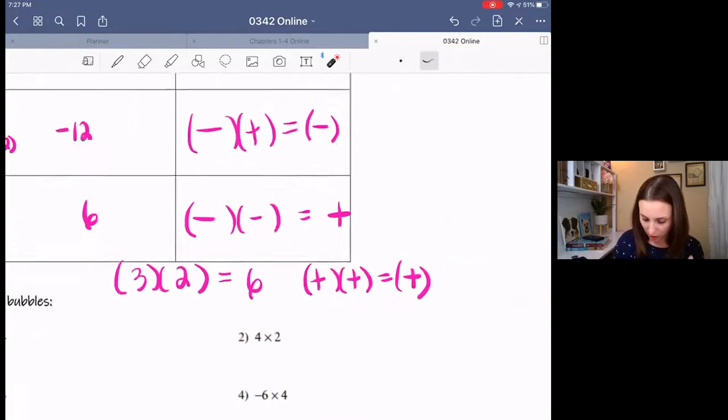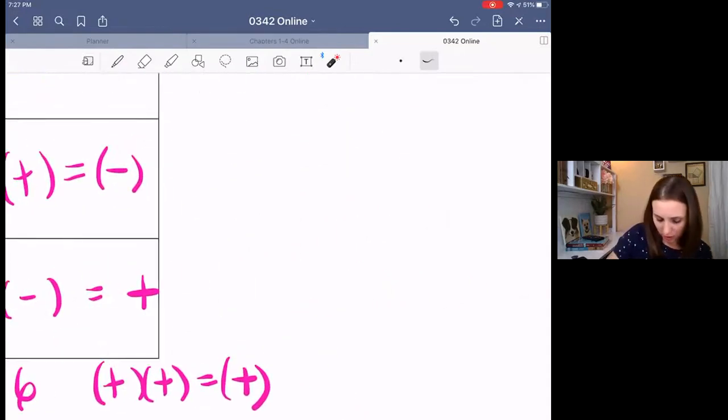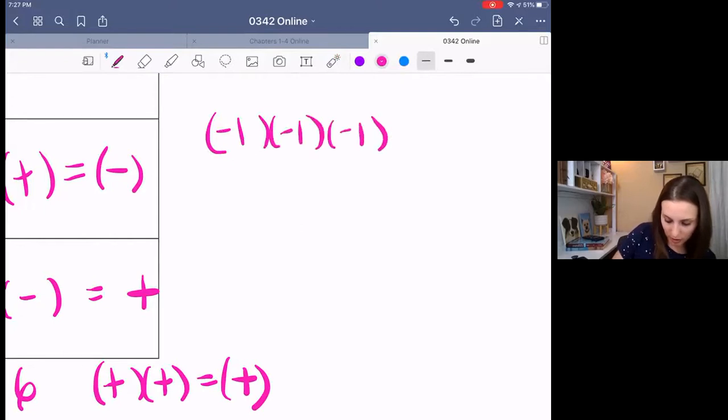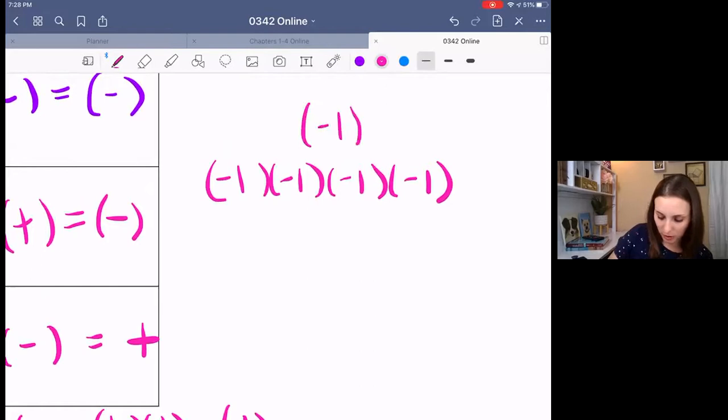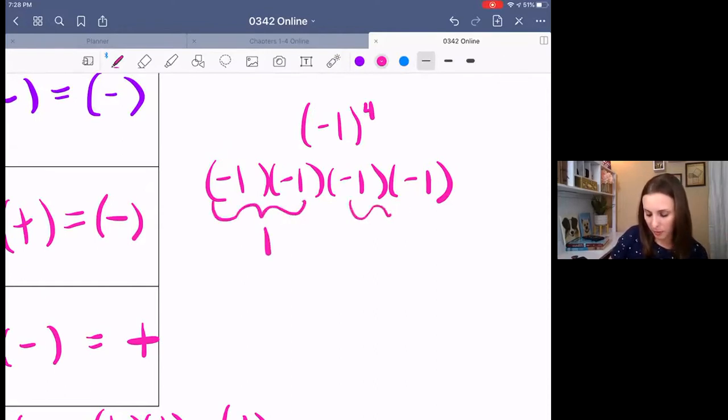and makes positive. I'll show you. So if I had -1 times -1 times -1 times -1, which is actually -1 to the 4th, -1 multiplied 4 times, this pair makes a +1, this pair makes a +1, which makes a +1.